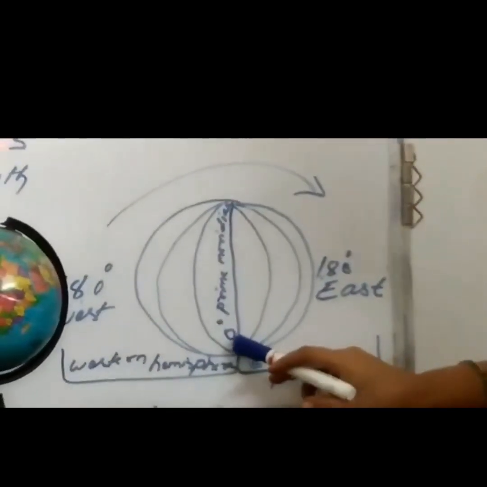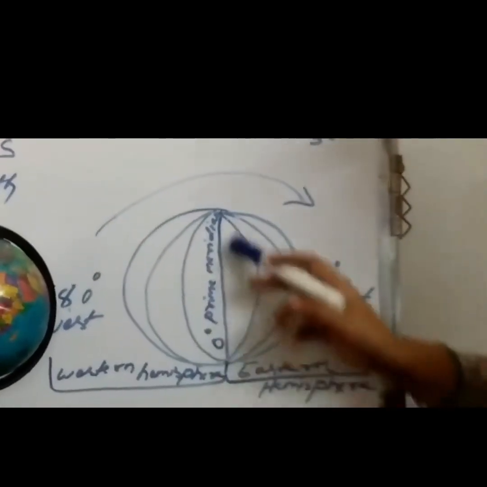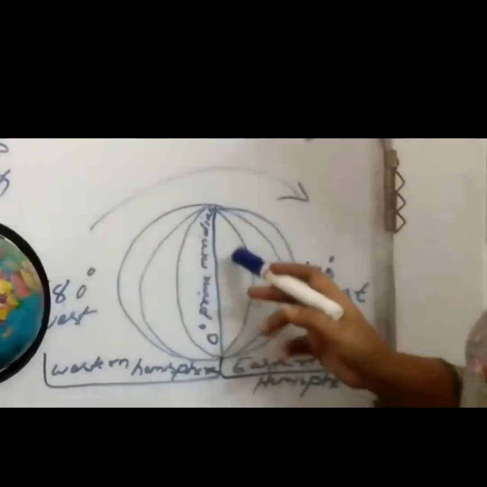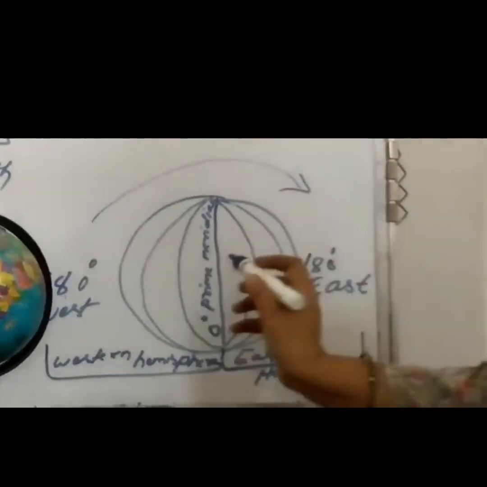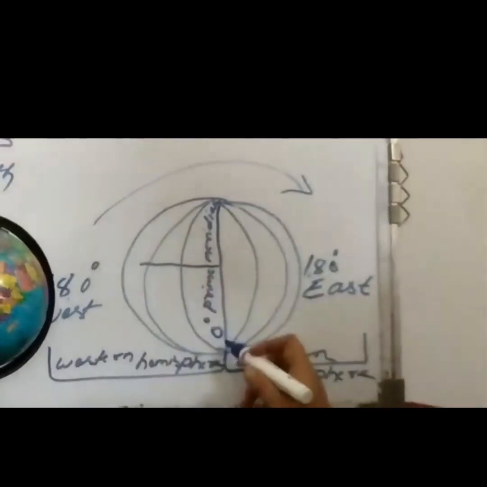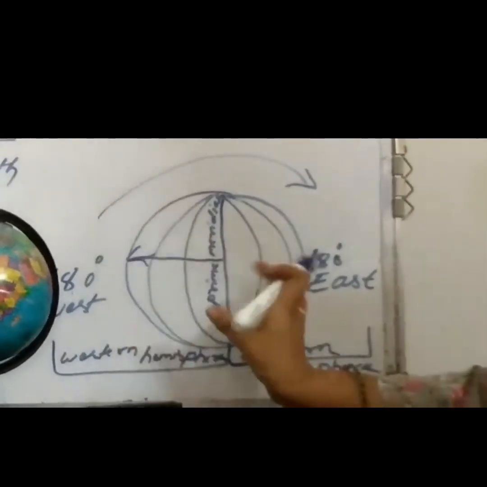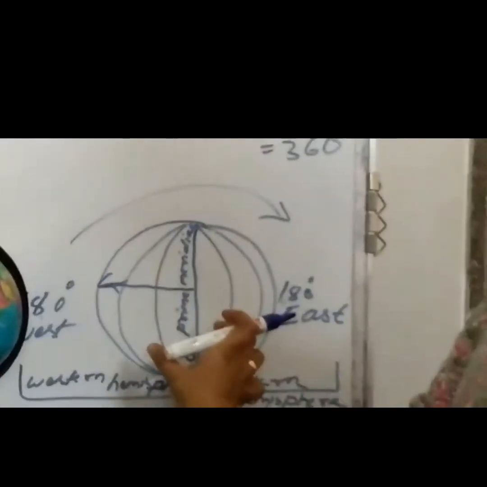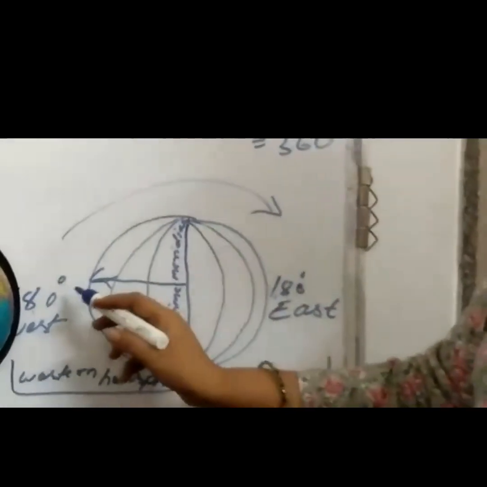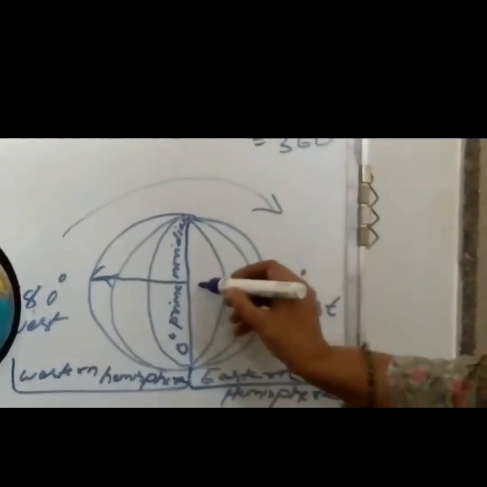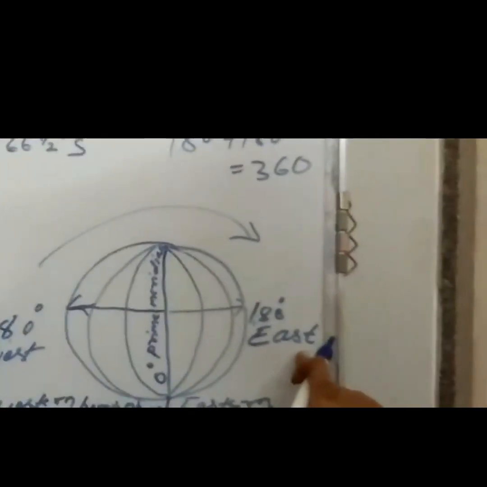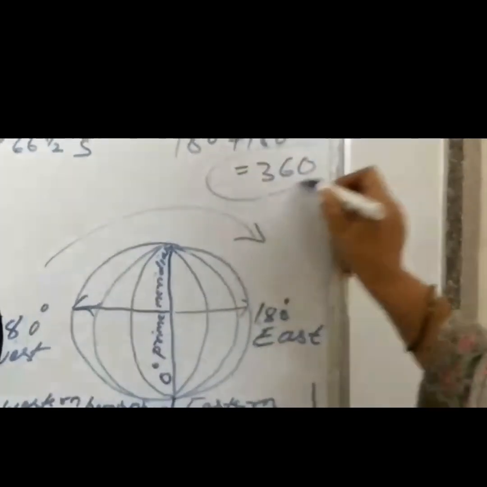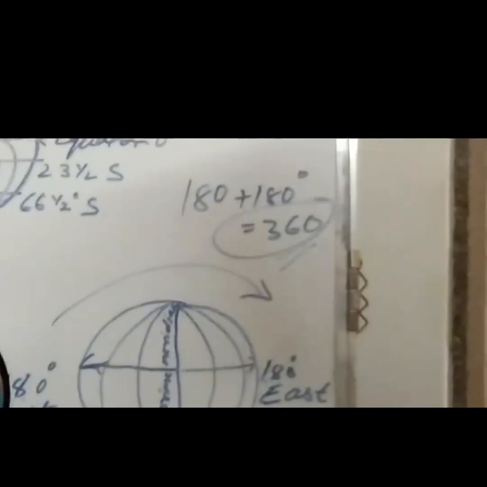We have considered this point as 0 degree and it is called the prime meridian, which passes through Greenwich in London. Moving from 0 degree to 180 degrees east, and 0 degree to 180 degrees west, that means in total we have 360 longitude lines.